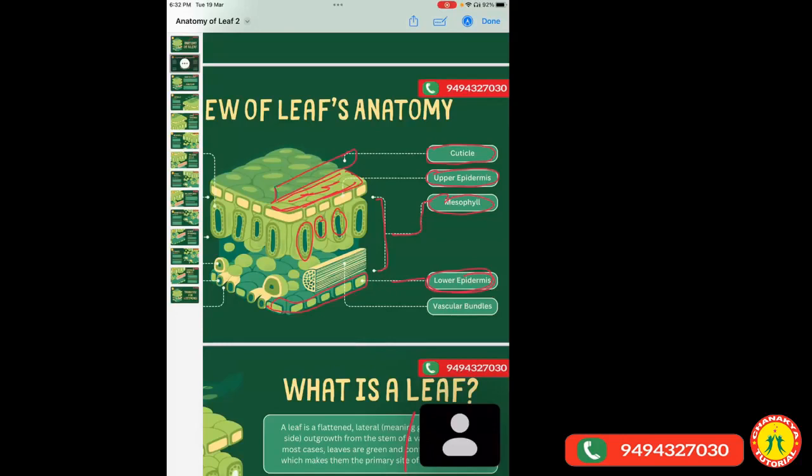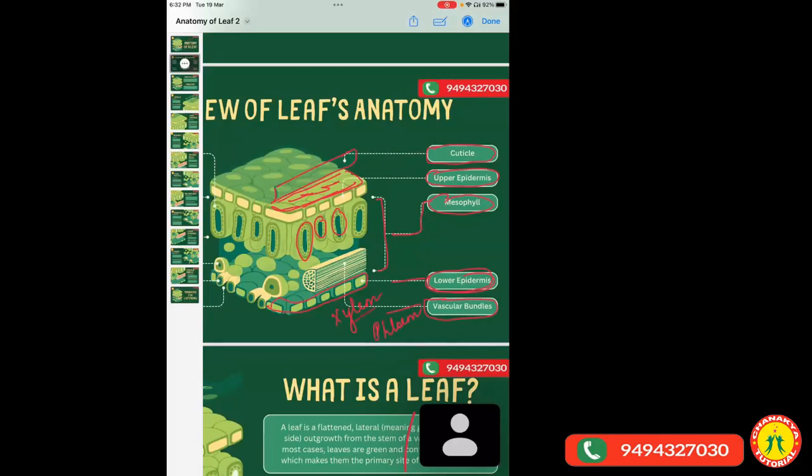Now, what is present in the mesophyll? The vascular bundles. When we talk about the vascular bundles, you might have studied in grade 9 about xylem and phloem, right? You have studied about xylem and phloem. Yes, ma'am. So xylem and phloem, they are present there in the vascular bundles.